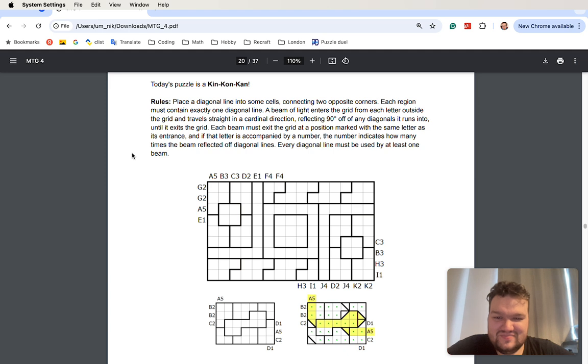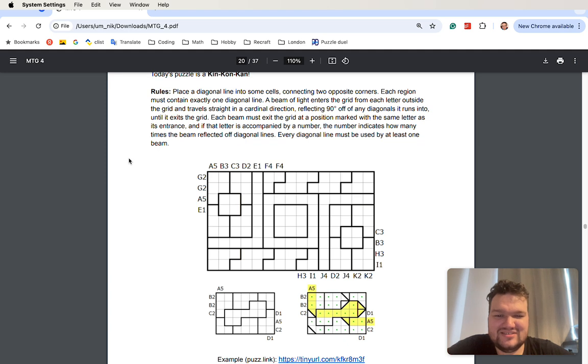The rules. Place a diagonal line into some cells connecting opposite corners. Each region must contain exactly one diagonal line. A beam of light enters the grid from each letter outside the grid and travels straight in a cardinal direction, reflecting at right angles off of any diagonals it runs into until it exits the grid.